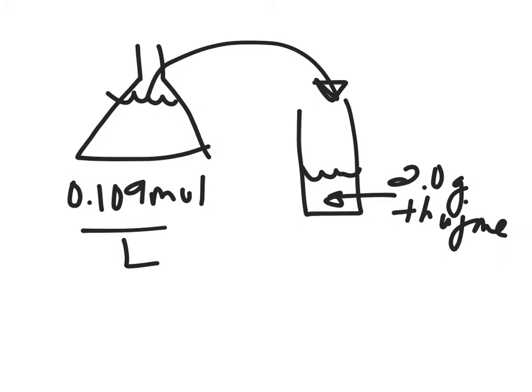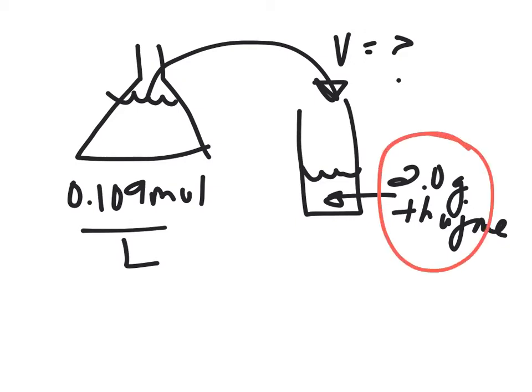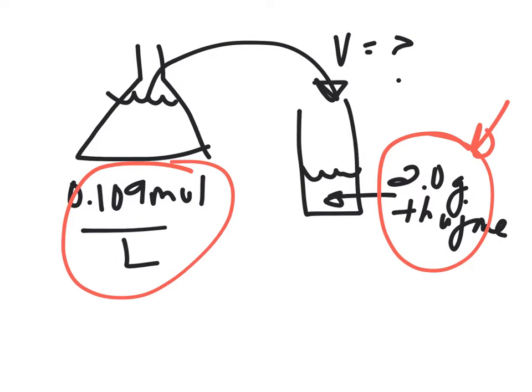So I need to know what volume do I need to transfer to end up with this mass of thujone. Well, we know when we're working with molarity and volumes that we are never dealing with units of mass. So the first thing to do would be to convert those units of mass to moles.